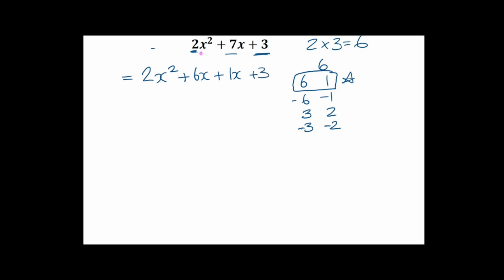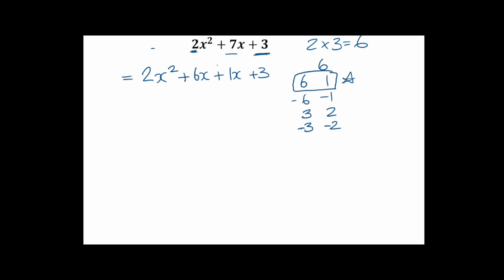Now just sort of take the time to realize this is equivalent to this. Here's the 2x squared, the 2x squared, the plus 3, the plus 3. The only difference is that this plus 7 is broken up now into plus 6 and plus 1. That's the only difference.